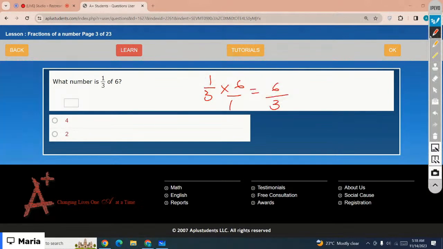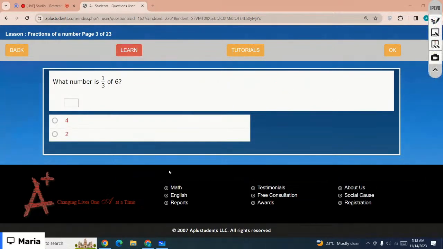Because you are busy chit-chatting, so keep chit-chatting. 3 times 2 is 6, so the correct option is 2. Got it? The correct option is 2.